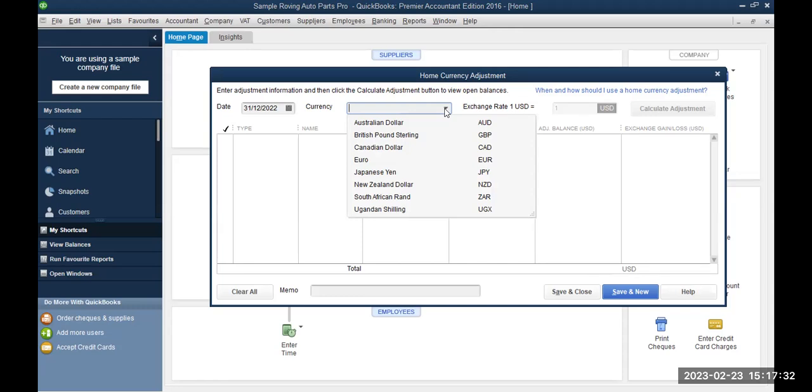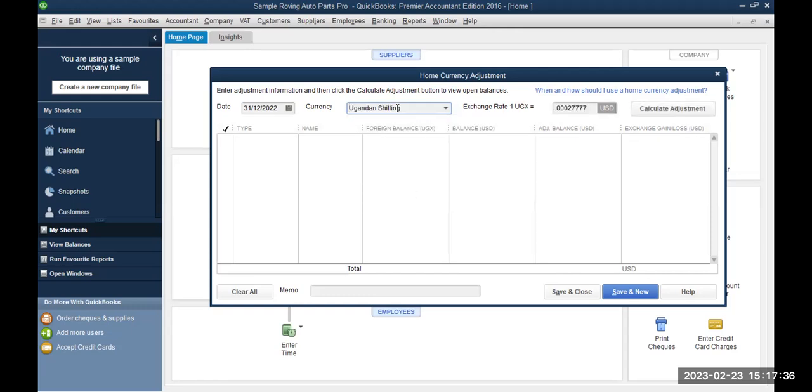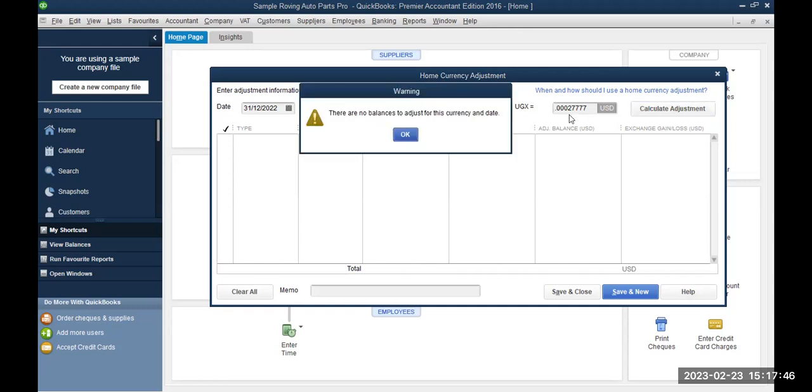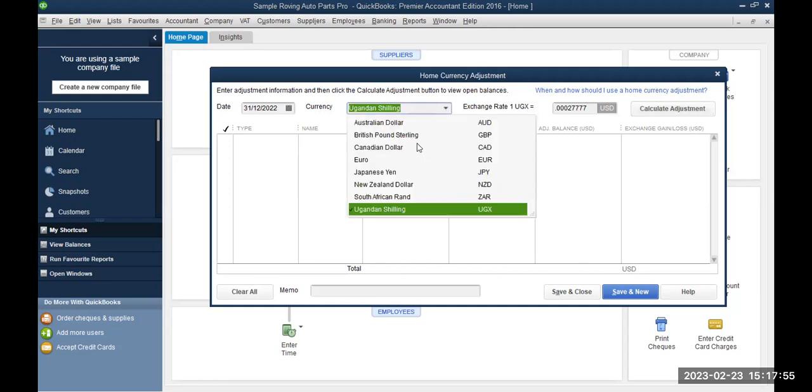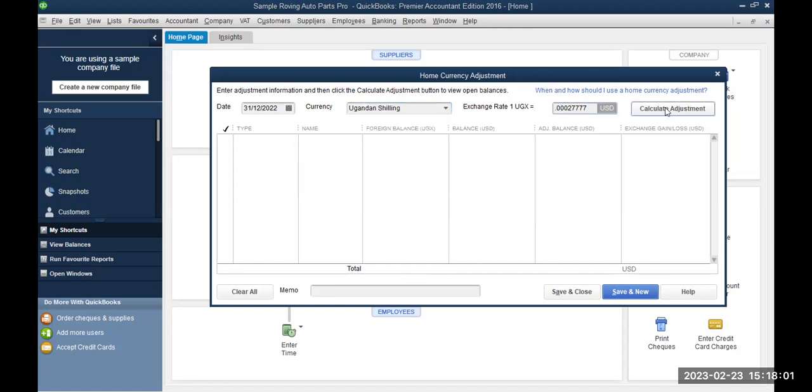So in this file, the home currency for this file is dollars. But assume that we have a file that is in Uganda shillings, okay? So if you have a file that is in Uganda shillings, then you choose Uganda shillings is what you want to revalue, and you put an exchange rate for that period and you calculate any adjustment. But you didn't have any balances in foreign currency. So if you have a balance in foreign currency, you'll choose here currency by currency, choose a currency by batch, put the exchange rate which the currency applies, and calculate adjustment.